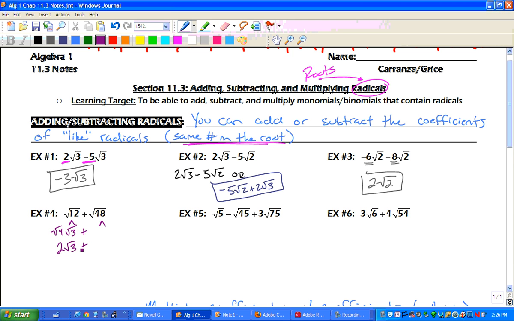If you need to remember how to do that, you need to watch 11.1 or 11.2 notes. Now 48 breaks down to the square root of 16 and the square root of 3, which is 4 root 3. And now you can see that we've got like terms, and we can combine them together to get 6 root 3.